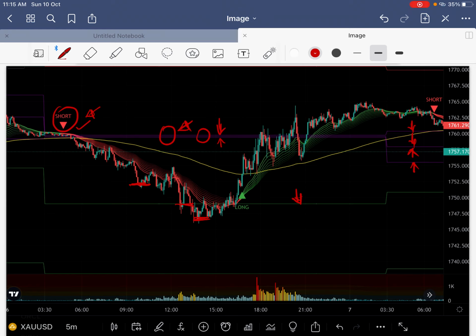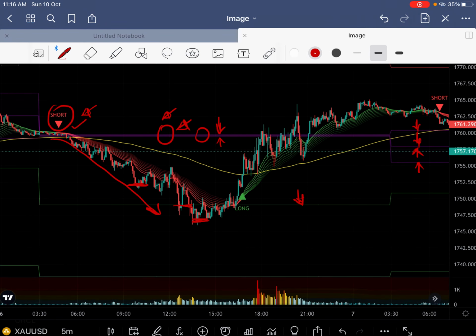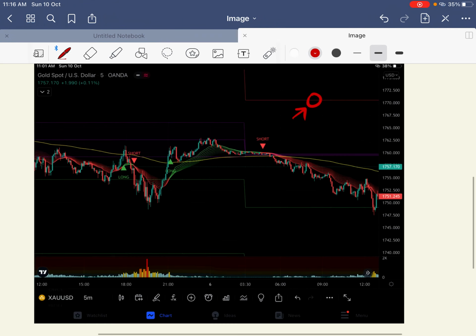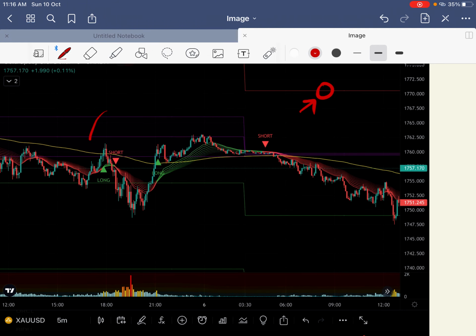In a narrow CPR, I can say that the market is trending. As you can see, it directly touches the support level and then bounces back to the CPR zone. So this is a trending market. But if the CPR is wide, as you can see from here, the market generally moves like this, then touches the support and then trends like this.